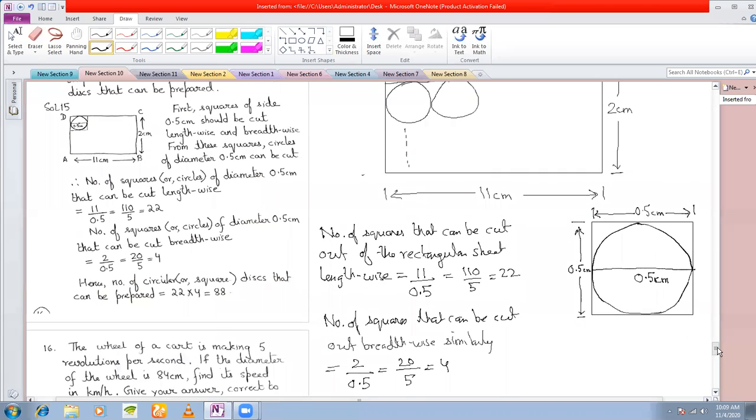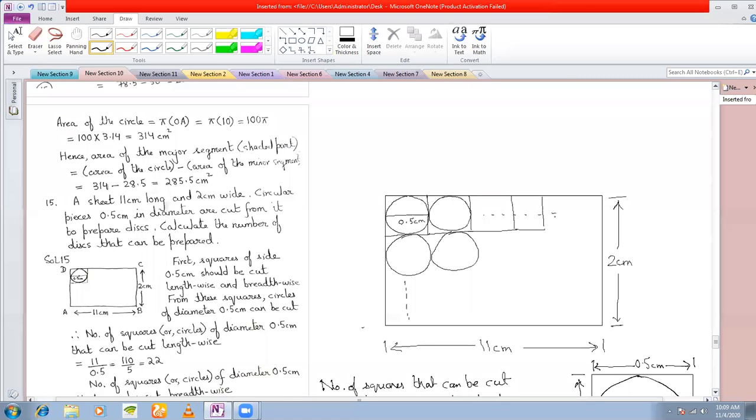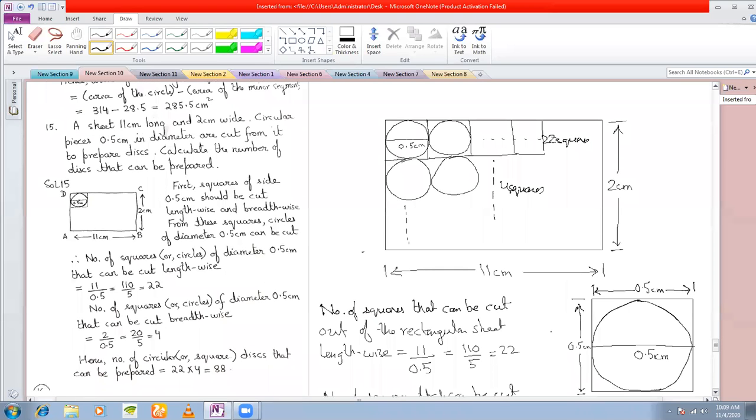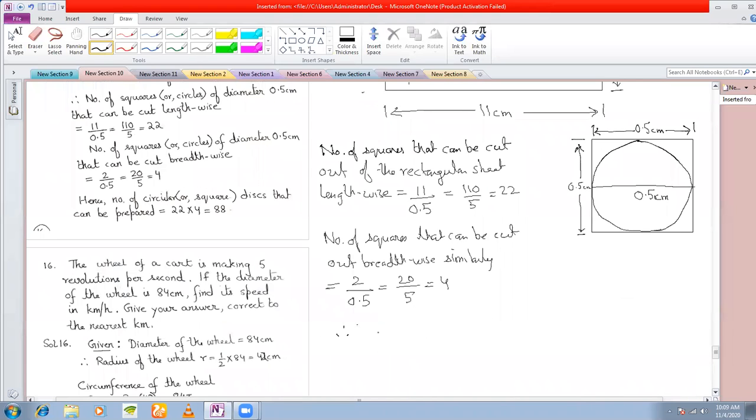So if you are cutting 22 squares lengthwise, and breadthwise you're only cutting 4 squares, how many squares are actually cut out? 22 into 4. Therefore, the number of squares that can be cut out is 22 into 4, which is 88.